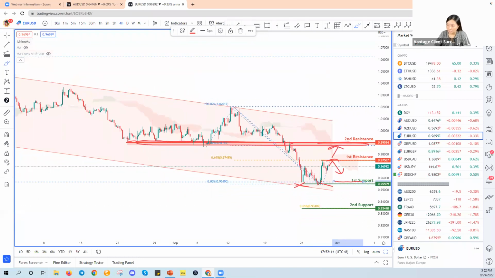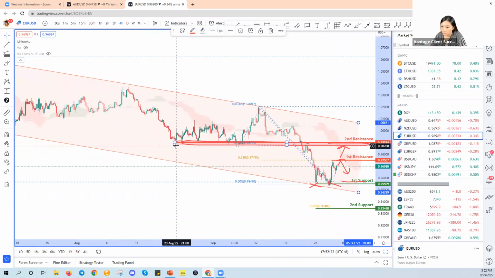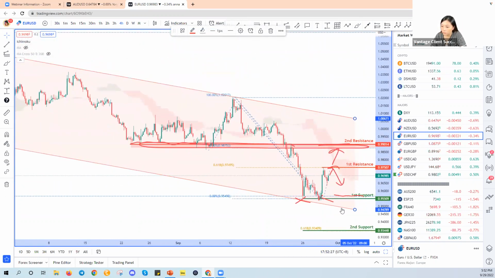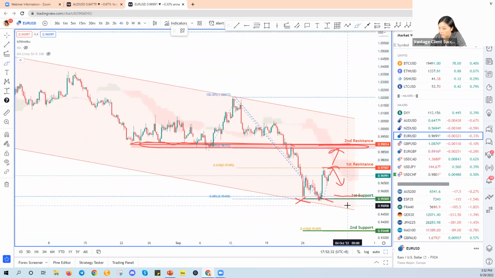Okay. And if it ever breaks this channel, let me just drag forward, because it has been respecting the channel many times. So it will take a lot of effort to break this channel here. It will come back down here to my support. There will be a lot of resistance at this zone here.